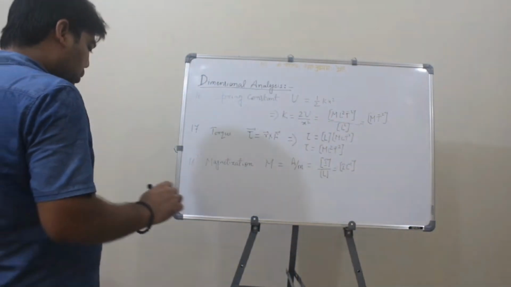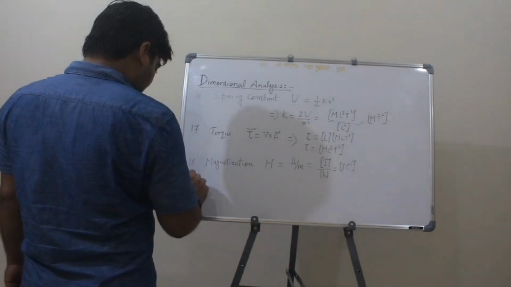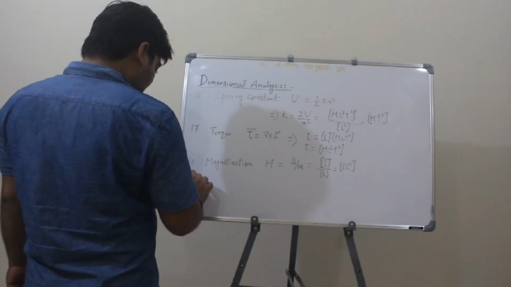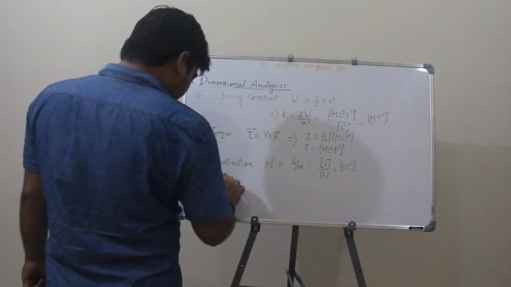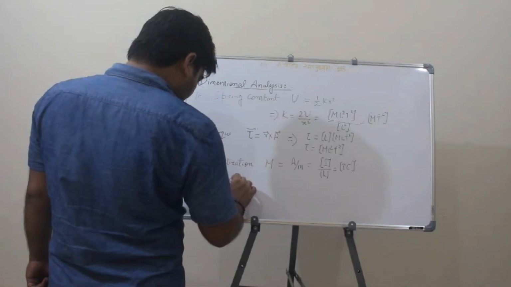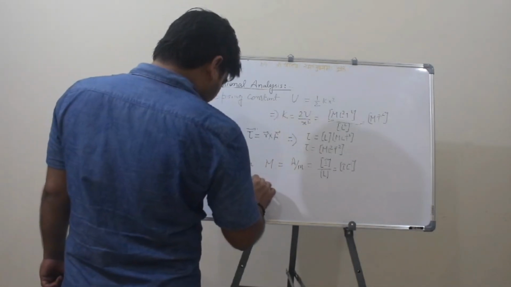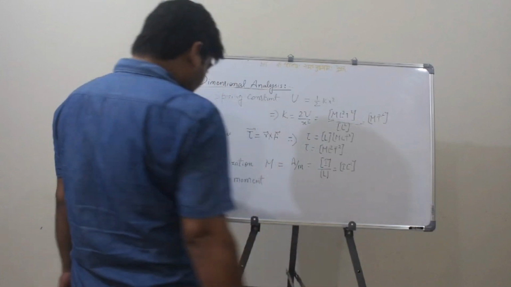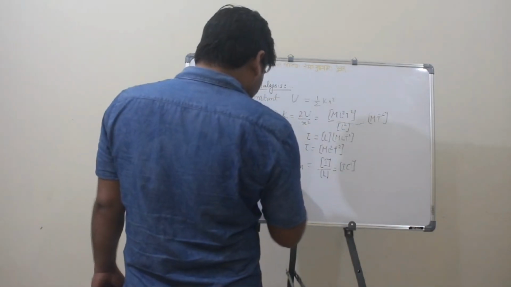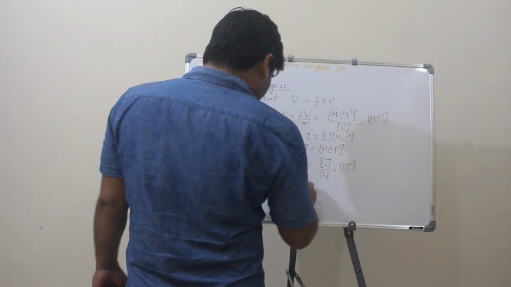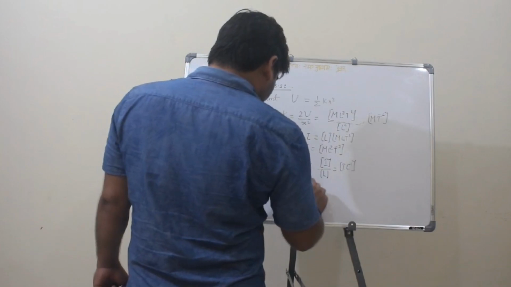Now let us take another quantity, which is magnetic moment. It is defined as Newton meter per unit time.